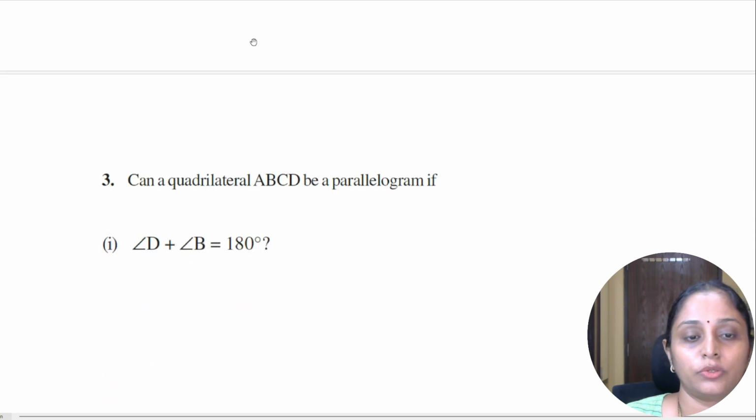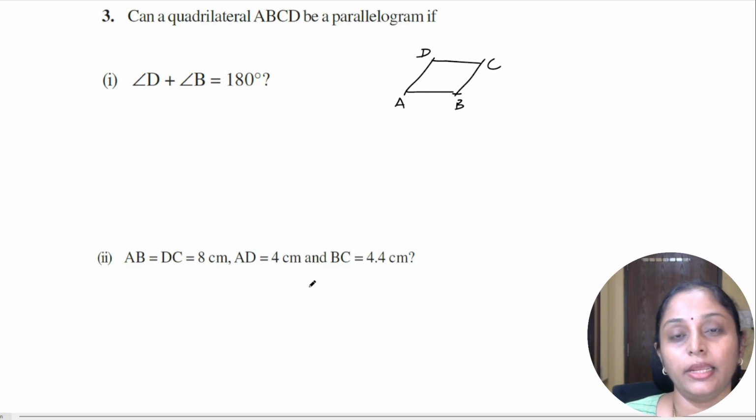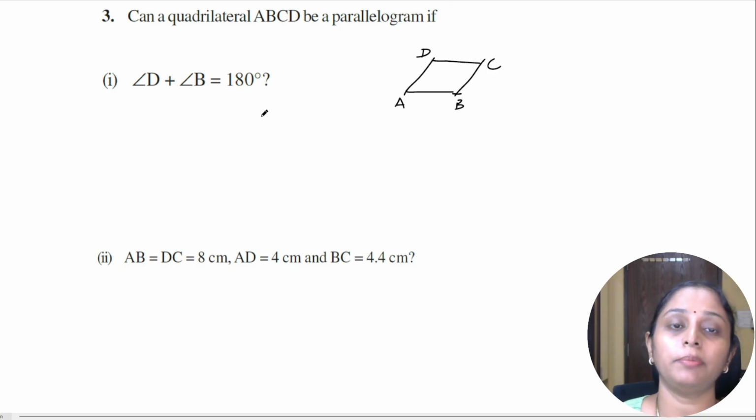So let's go to the next question. Can a quadrilateral ABCD be a parallelogram if, so they're saying I have a quadrilateral ABCD, not necessarily a parallelogram. But if it is given that B plus D is 180 degrees, can it be a parallelogram?